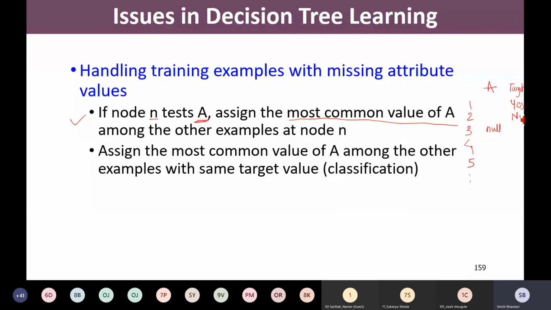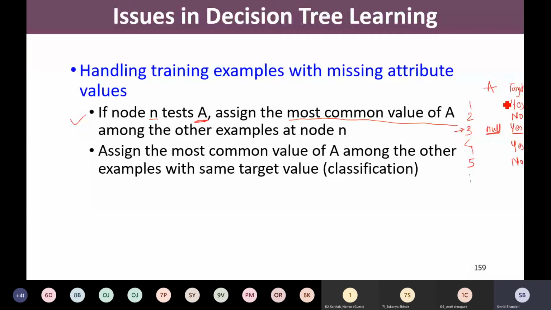Suppose here it is no, yes, yes, no, something like that. So for this particular instance where we are having the missing value, that is null, the target attribute is yes. Correct? The target attribute is yes.